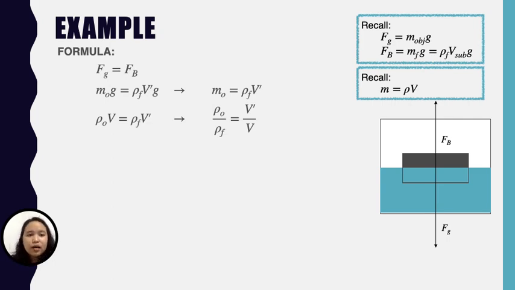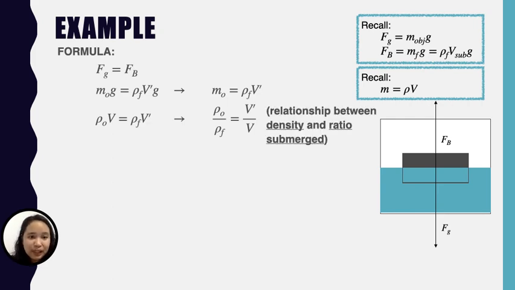Okay, so now we ratio it, as in the previous slide, I think slide 10. If we put it into a ratio, we have density of the object over density of the fluid is equal to V prime over V. So that ratio is just the relationship between the density and the ratio submerged. This is the formula that we will use.